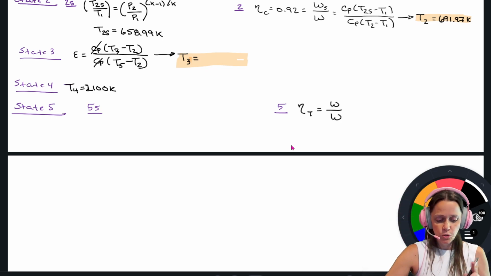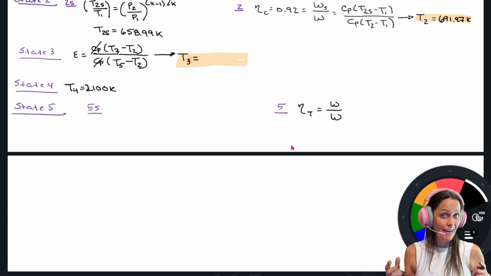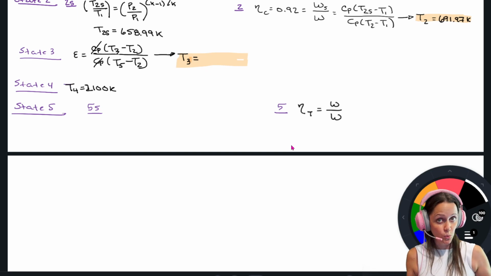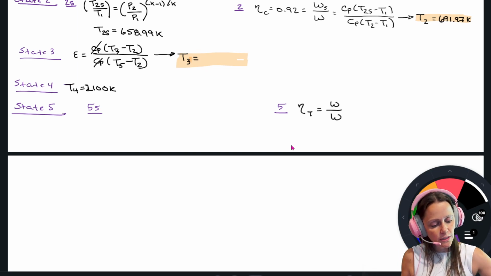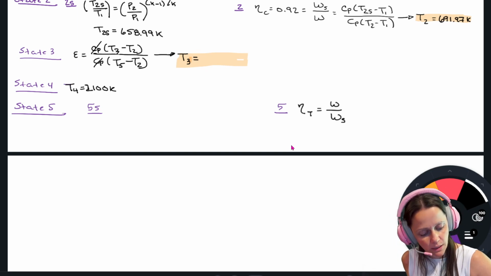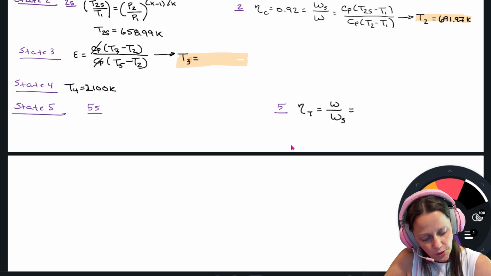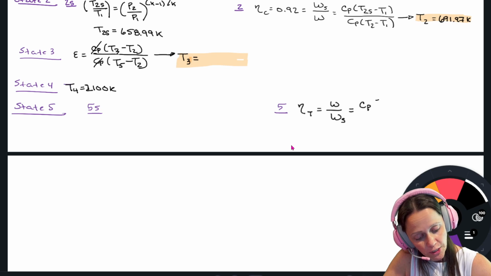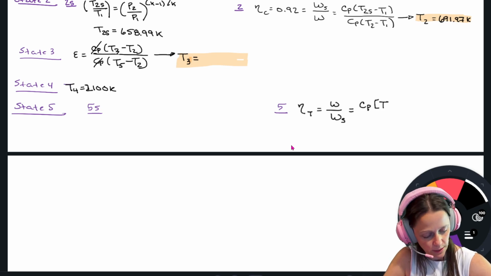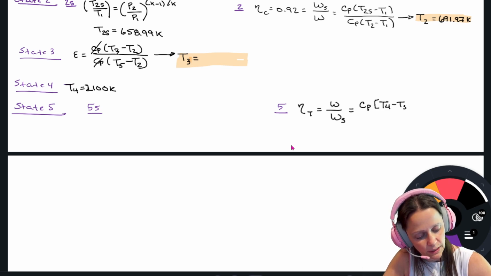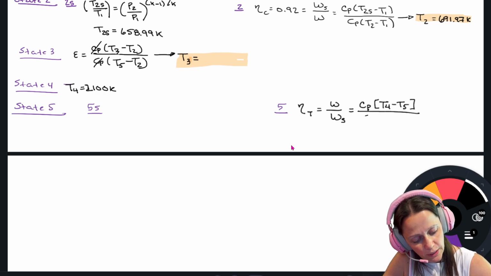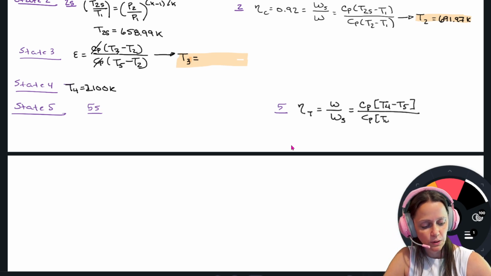So which work is which? Ideally, this is a work-producing process, so ideally you get a lot of work out of it. That's the bigger number. We've already derived this, but this is T4 minus T5 over Cp times T4 minus T5S.